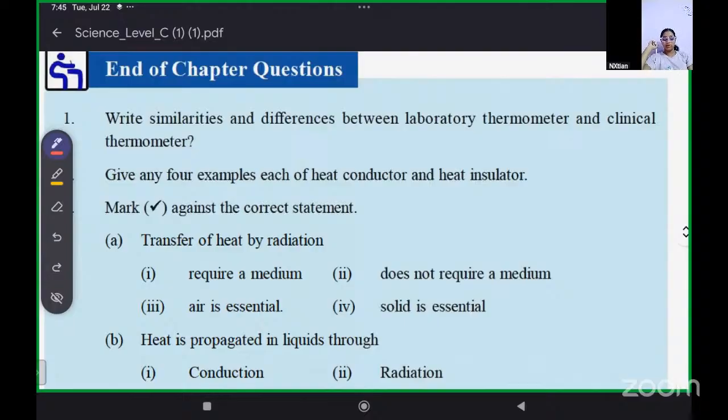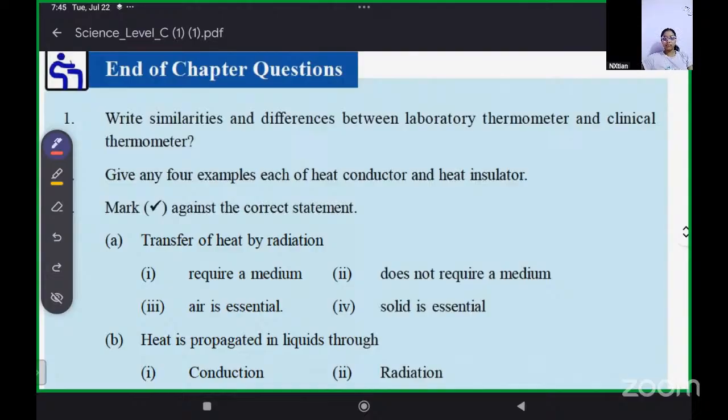Now, first, what are the similarities between a laboratory thermometer and a clinical thermometer? They both measure how much heat there is. Say again, Abraham.